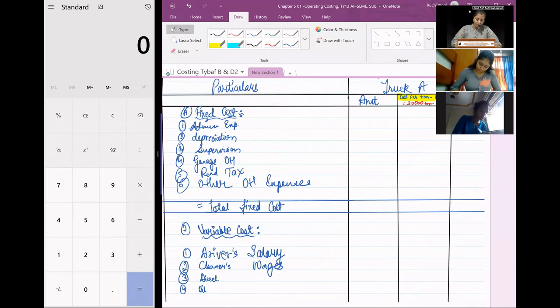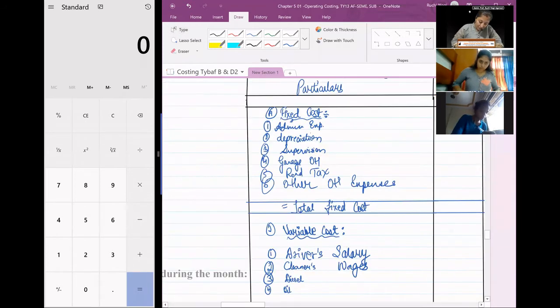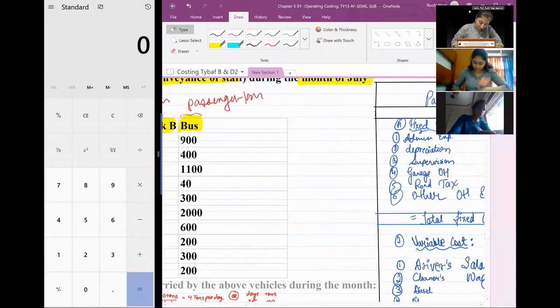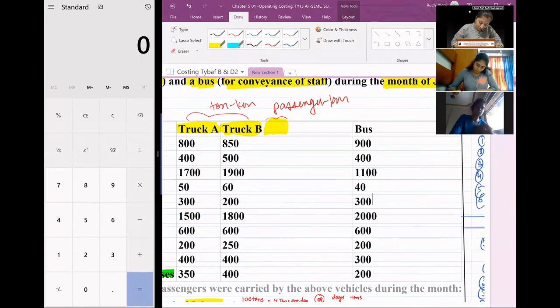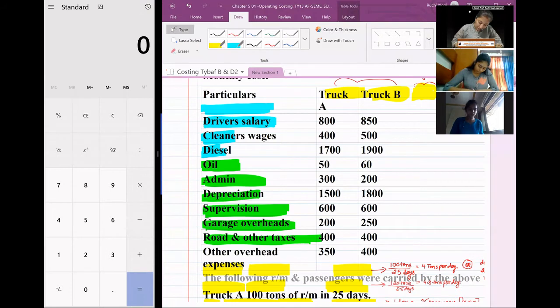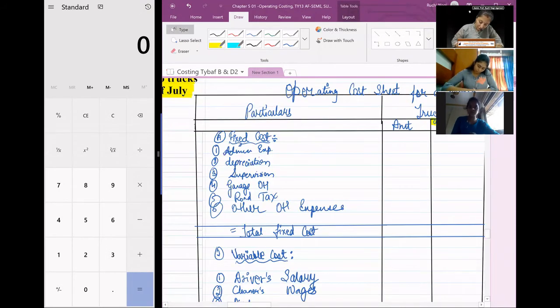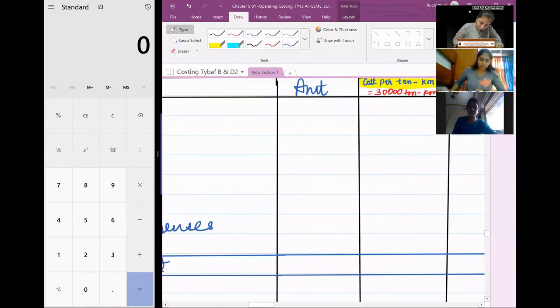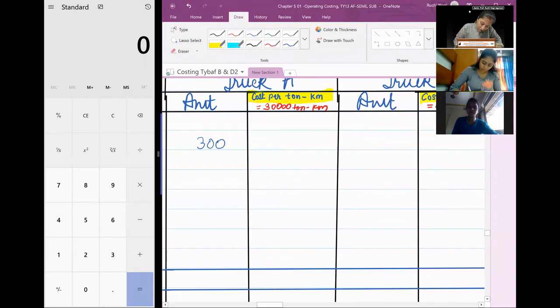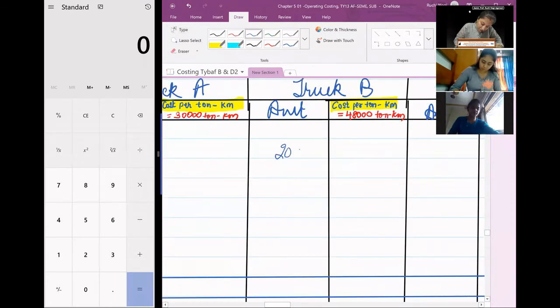Okay, now let us start. Admin expenses: 300, 200, 300. So write down 300, 200, 300.